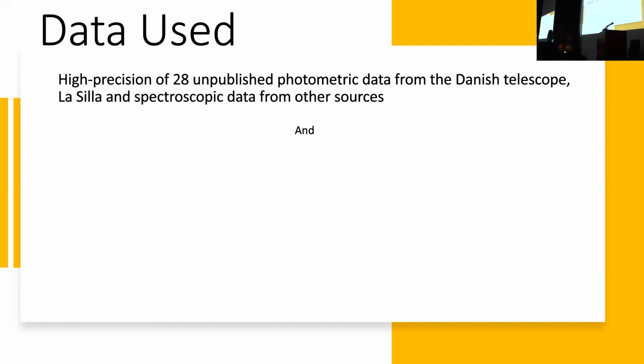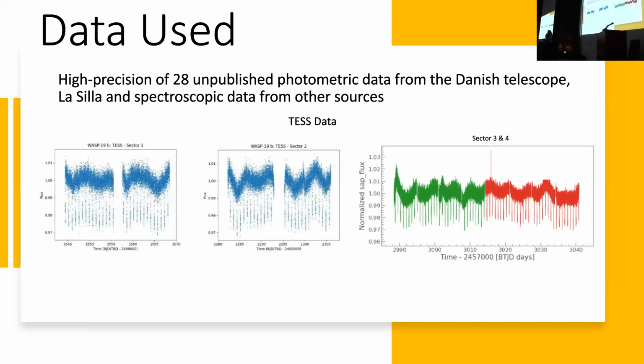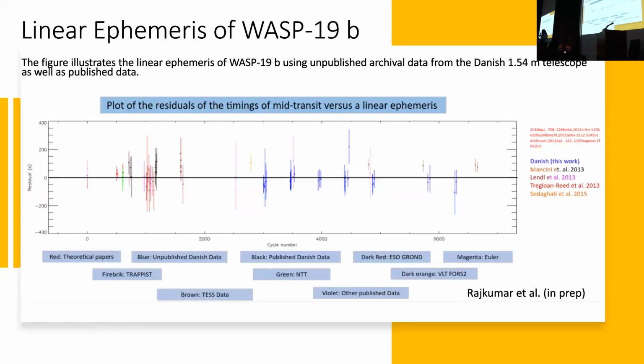Apart from that, we also have spectroscopic data from published papers, and we have TESS data, four sectors of which we used to produce results of the orbital ephemeris for the planet. This is the high-precision orbital ephemeris, especially the linear ephemeris of WASP-19b.